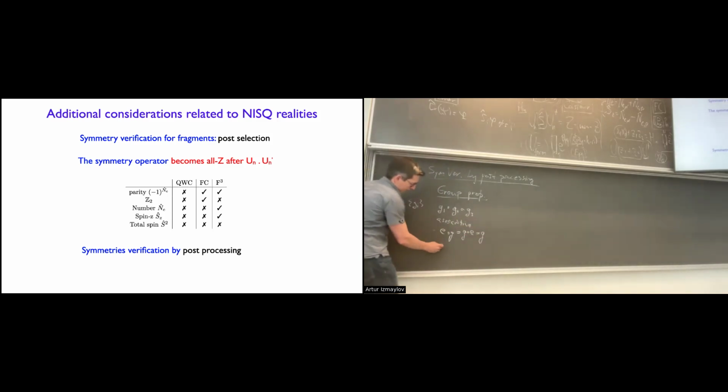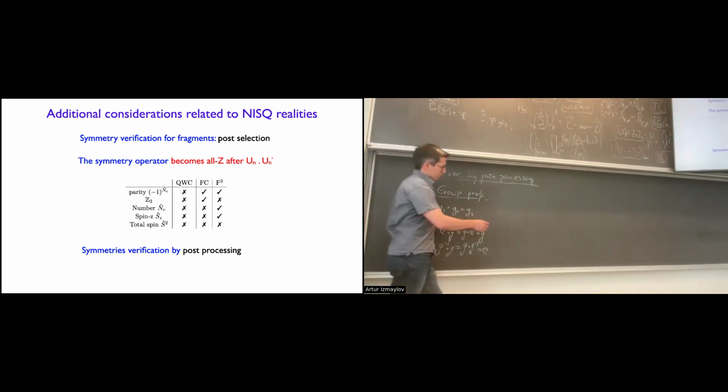And then every element has an inverse element, so that from either side g times g inverse equals the identity, right? And so you need to have associativity, identity, and inversion. Those are three necessary conditions beyond the fact that if you combine any two elements, you should get an element from the set, right? So you cannot get out of the set by doing this product.